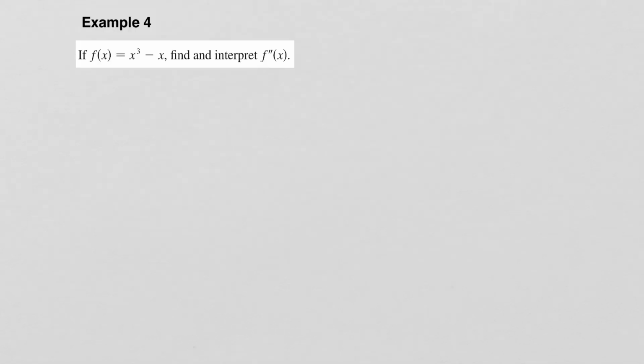So as an example, let's go back to a function that we talked about earlier, f of x equals x cubed minus x. I want to find and interpret f double prime of x. So let's remind ourselves that we already know that f prime of x is 3x squared minus 1, right? We found this earlier in this lesson.